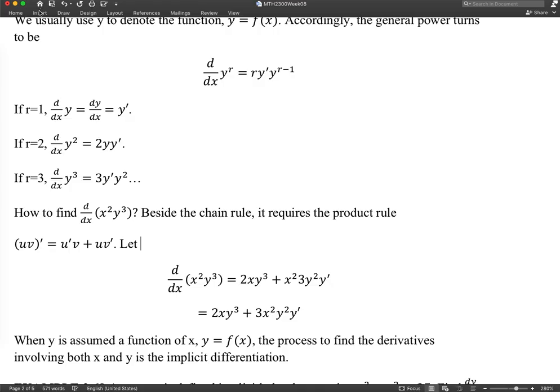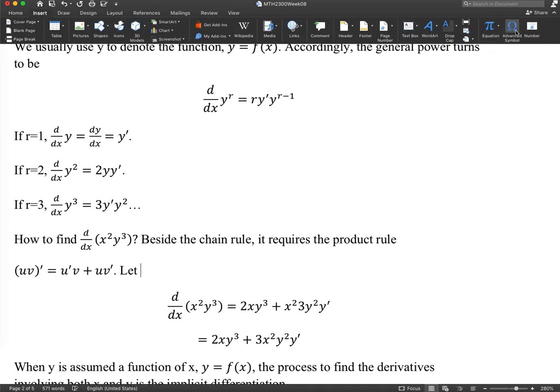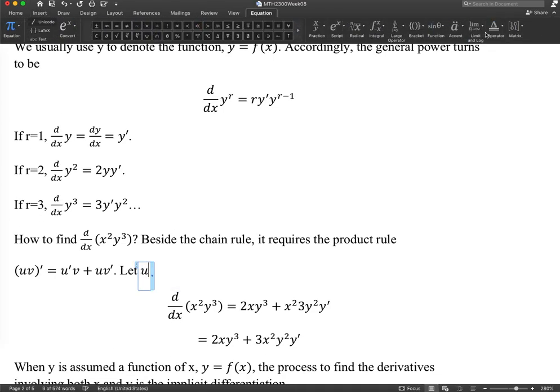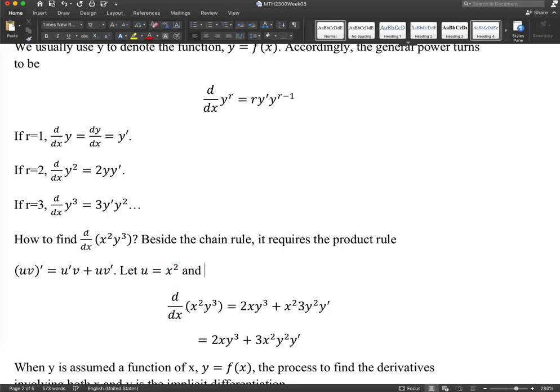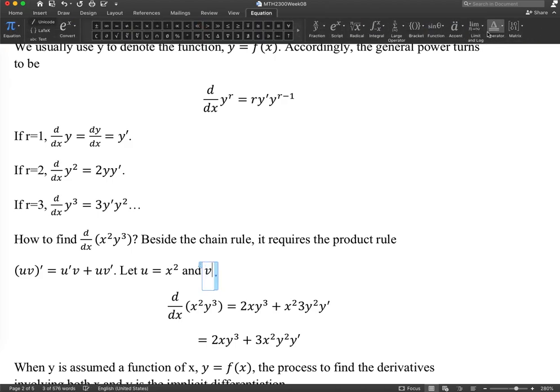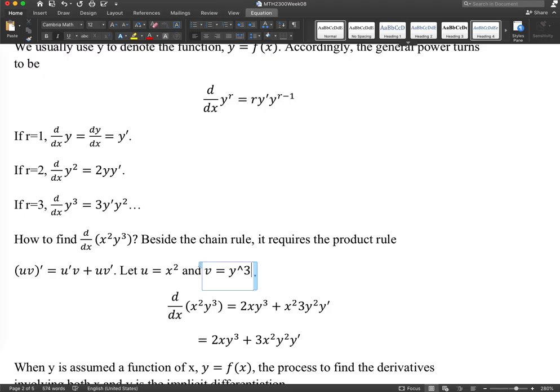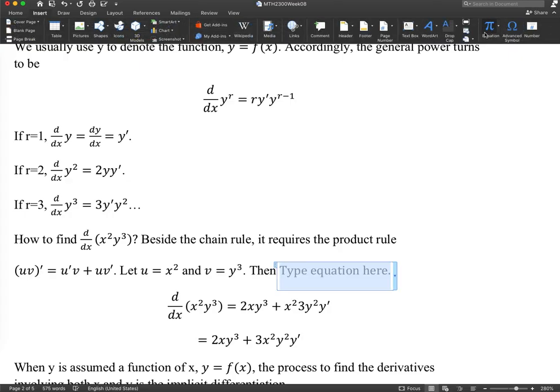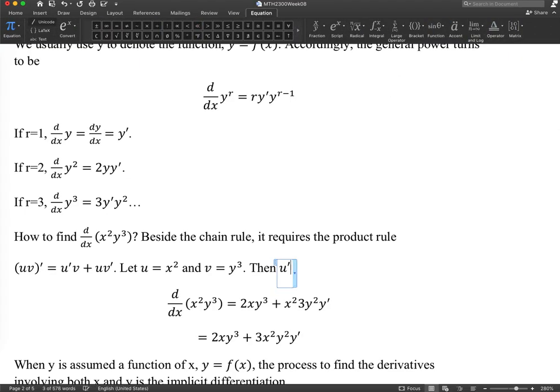Let u be x squared, and then v is y cubed. And then accordingly, we can tell u prime. Not a lot to explain, you've got to know this very well. u prime is just 2x, right?